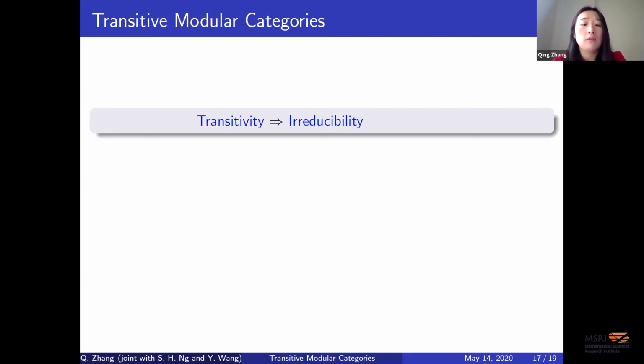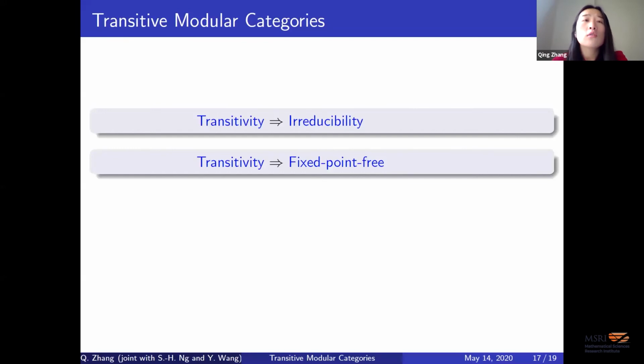Our first building block is that transitivity implies that the SL2Z representation is irreducible, so we can reduce this problem to some known results. We also find that transitivity implies that the Galois action fixes no points, so we can uniquely identify the Galois group elements with a set of simple objects.